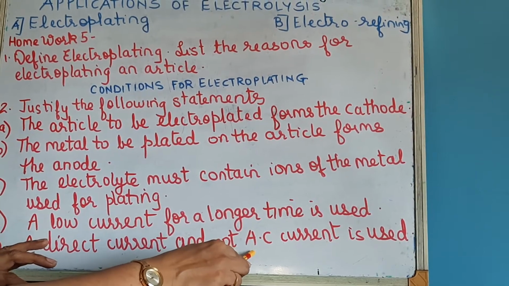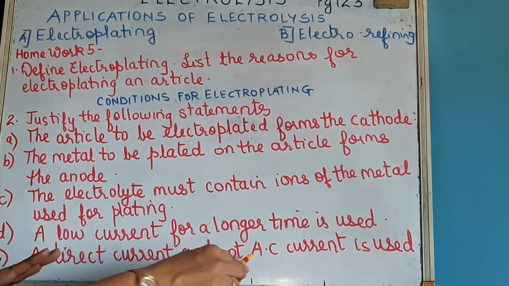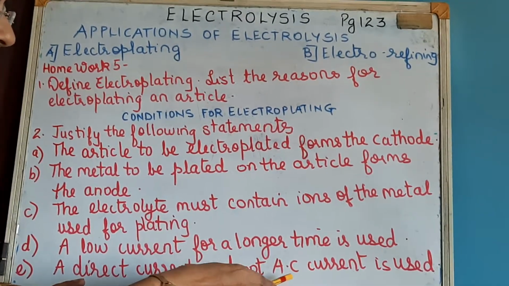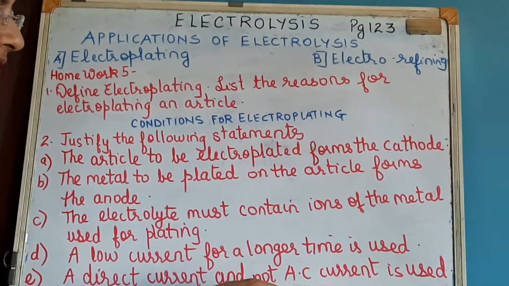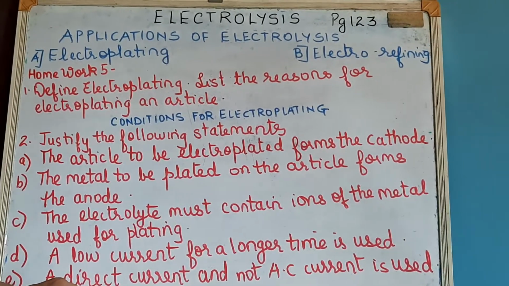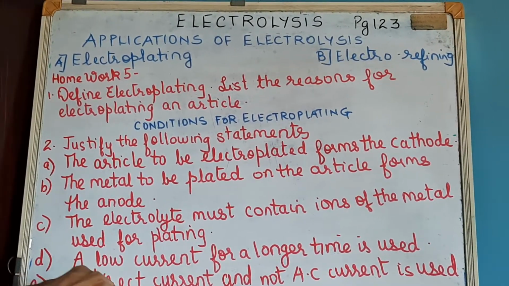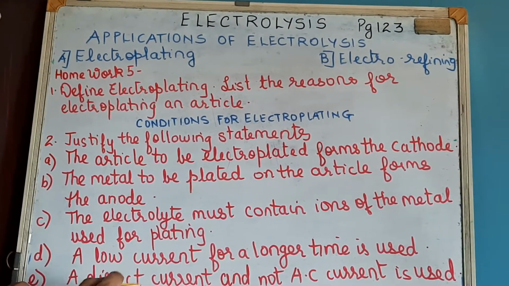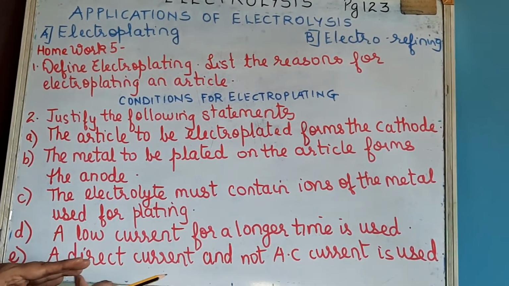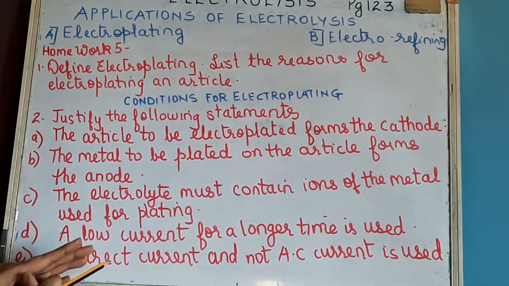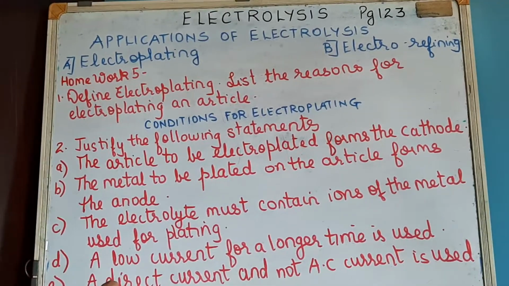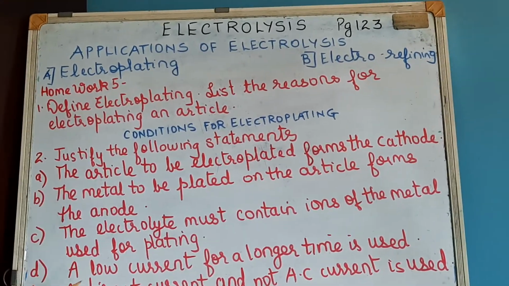First ions will be formed, they will get discharged, again ions will be formed. So this will not ensure a uniform and smooth deposition. When you use a direct current, the ions which are once formed get converted to neutral atoms, and these then form a uniform and smooth coating on the surface of the article. Okay, is it clear? So these are the different conditions which are used for electroplating.